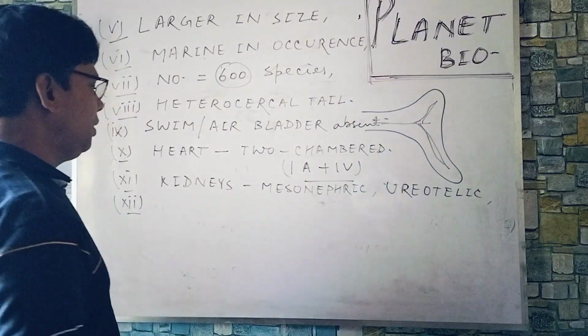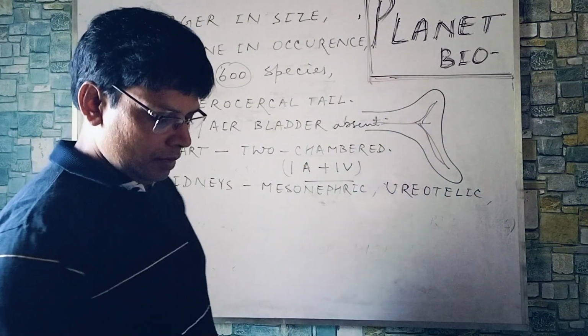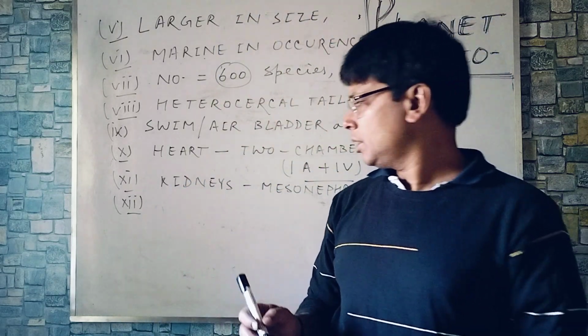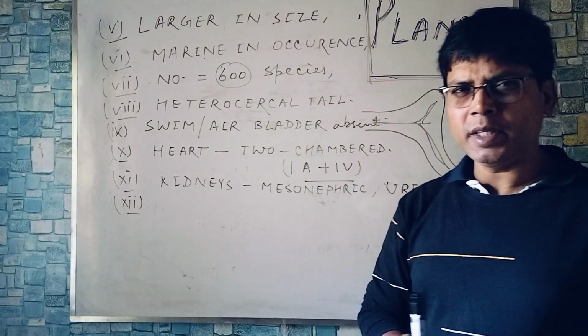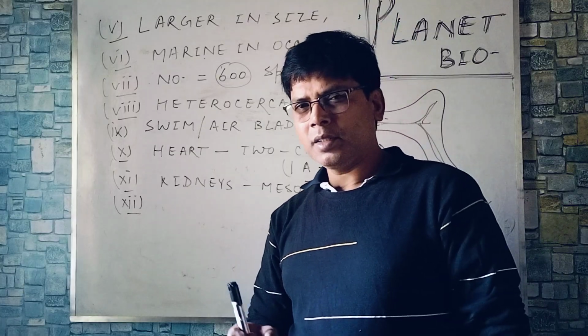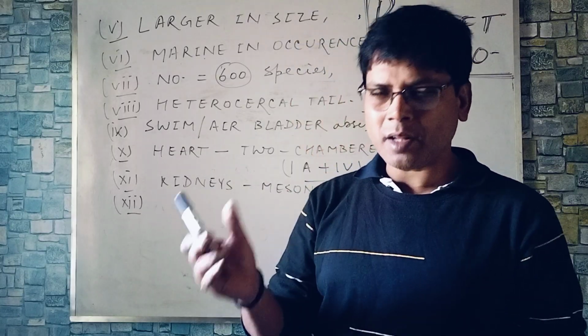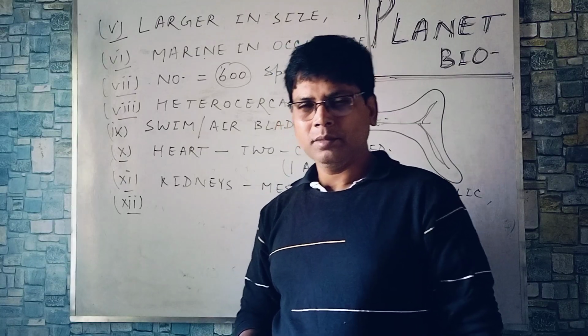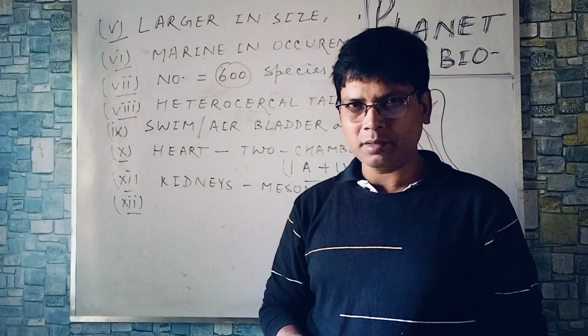And if you study the process of excretion by these fishes, kidneys have a minor role in excretion. Mainly some specific cells are there, gills are there. These help in excretion. These are actively participating in excretion.